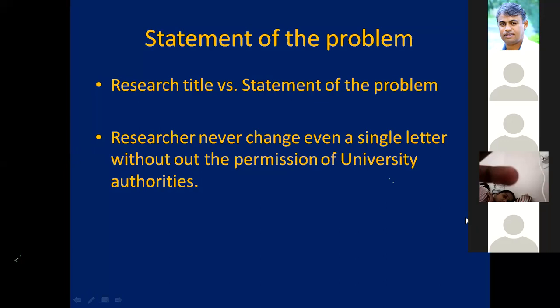So then it is highly difficult for the researcher. It is a mismatch. So according to the research outcome, you have the right to change your title. But there is a procedure for that, and through that procedure you can change the title of your thesis. Remember that.